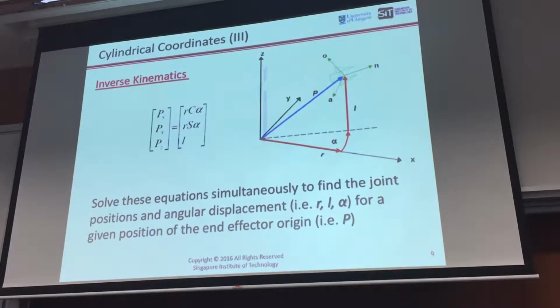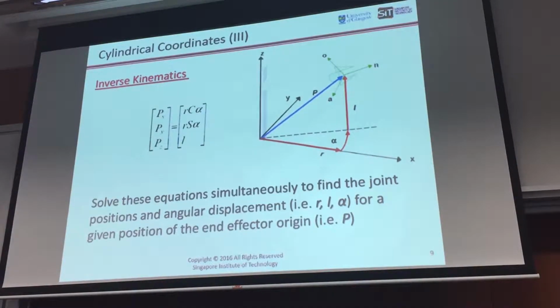Okay. I've been given this. I know these variables at this moment. What you will do is comparison. From this, I can come up with three equations: Px equals R cosine alpha, Py equals R sine alpha, Pz equals L. So for Pz, straightforward.